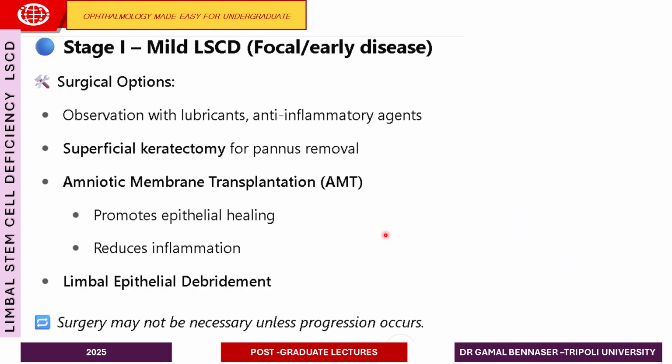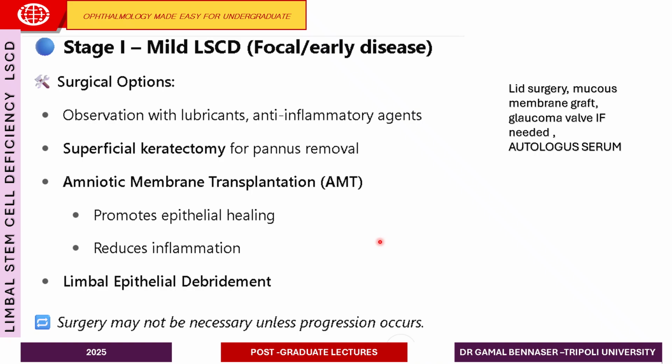Also, we can do amniotic membrane transplant to improve the survival of the residual limbal stem cells by promoting healing of the epithelial surface, and also reduce the inflammation. Also, as I said, limbal epithelial debridement might be needed, but surgical intervention is rarely needed in these cases.